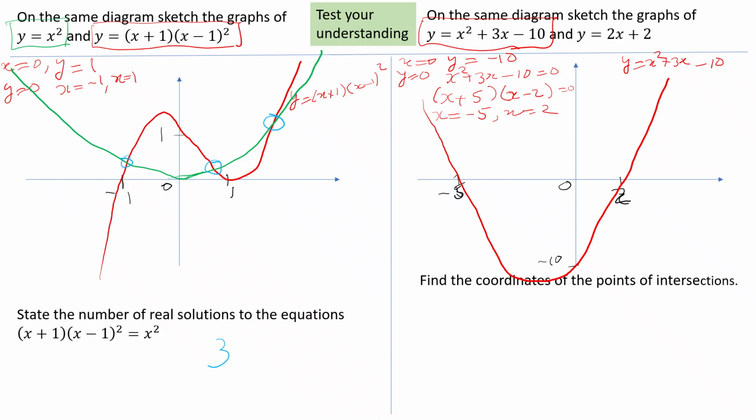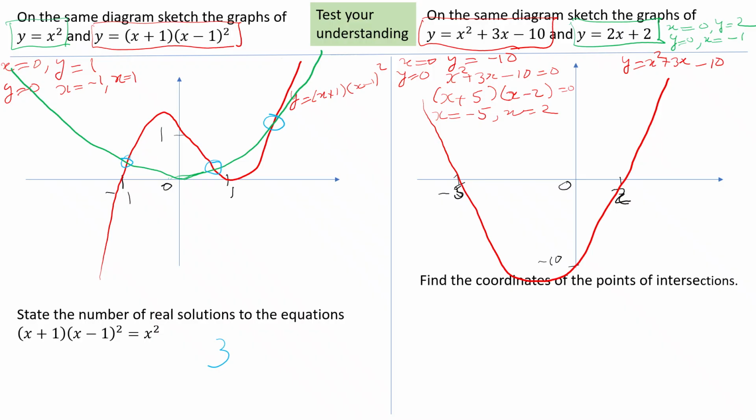The next one is a straight line graph. When x equals 0, y is 2. Then when y equals 0, x equals negative 2 over 2, which is negative 1.